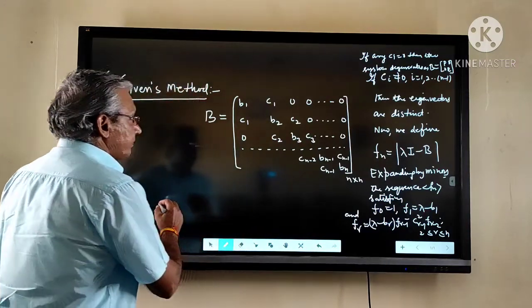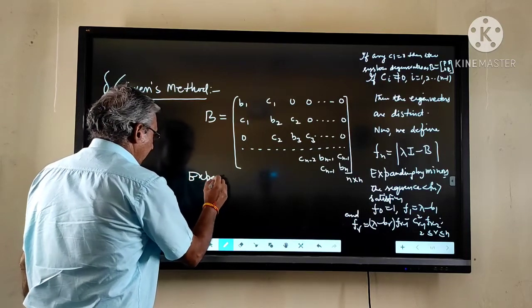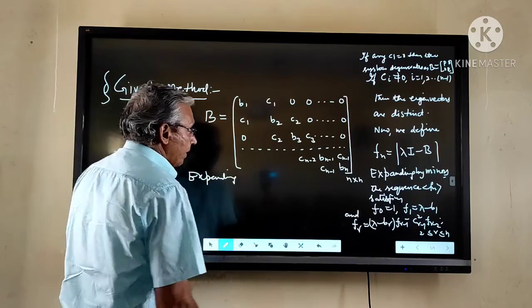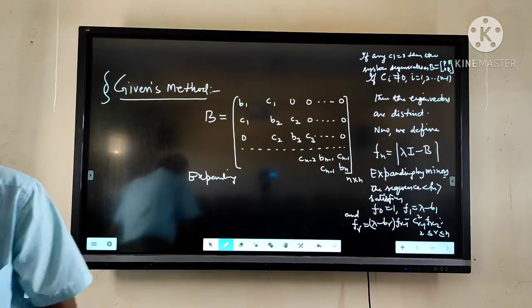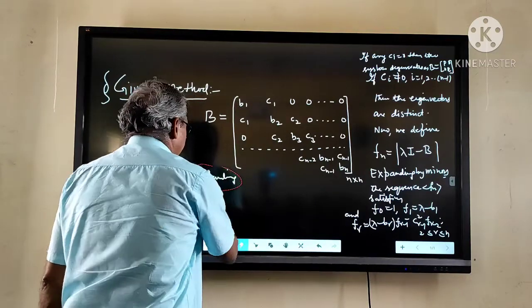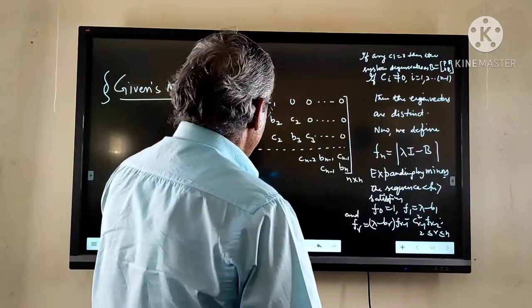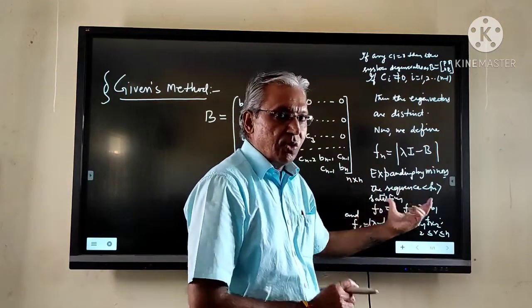This is the required tridiagonal matrix of order n by n.